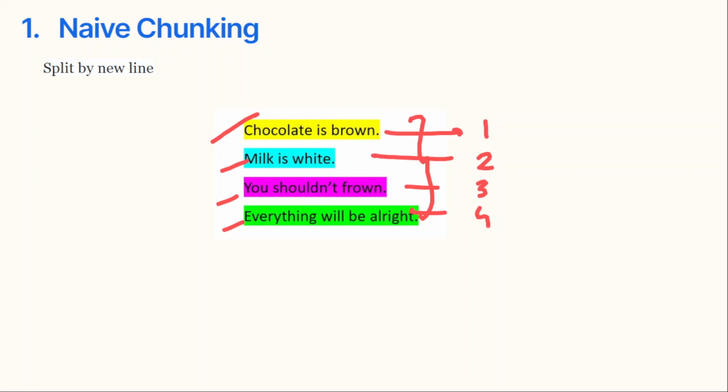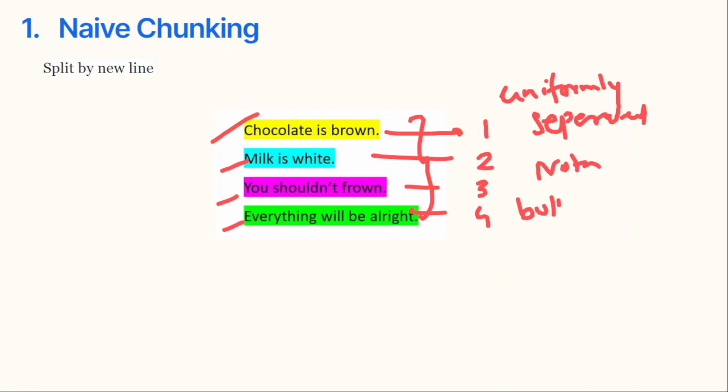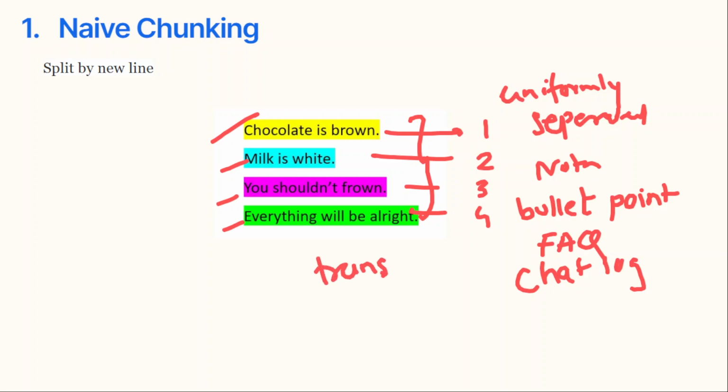Now the question comes, when can you use this chunking? When your data is separated uniformly, maybe notes, bullet points, a FAQ, a chat log, or a transcript.